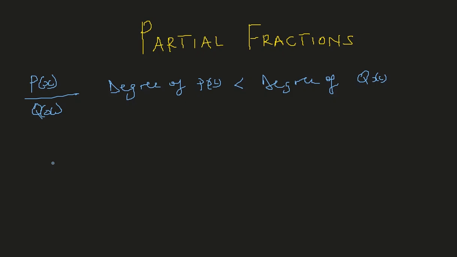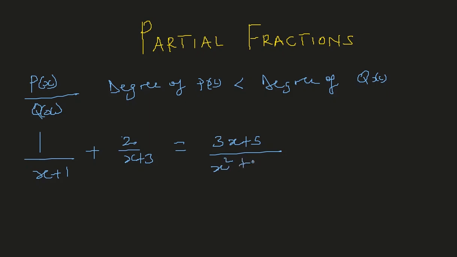Look at an example. If I have a sum of two fractions, 1 over x plus 1, plus 2 over x plus 3, these two can be added up to give us one fraction, which is actually (3x plus 5) over (x squared plus 4x plus 3).